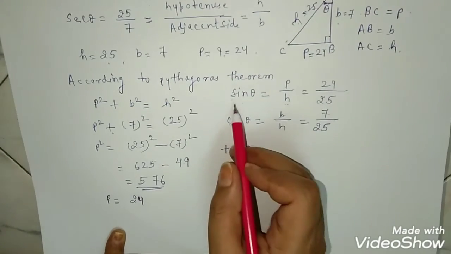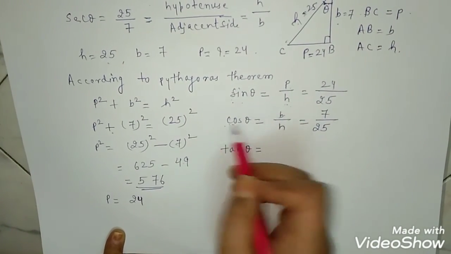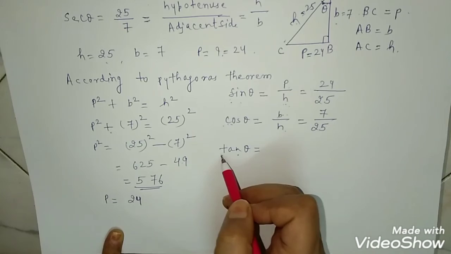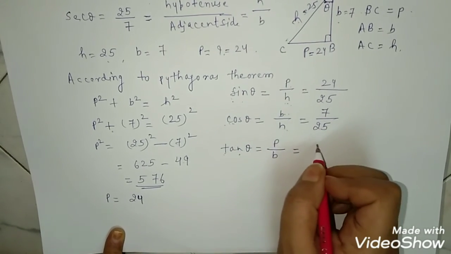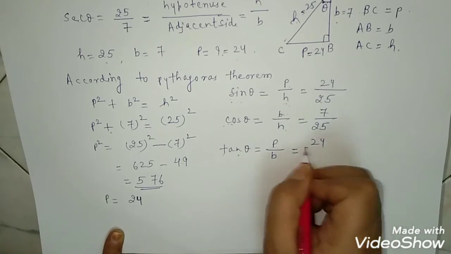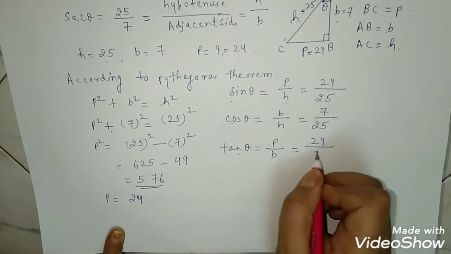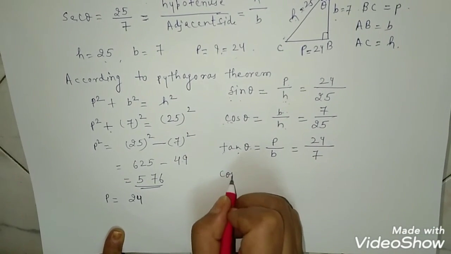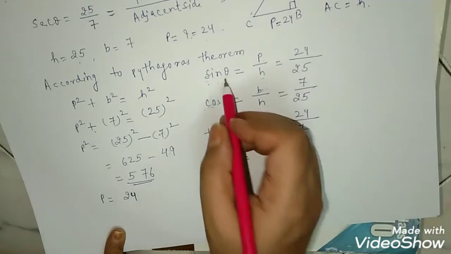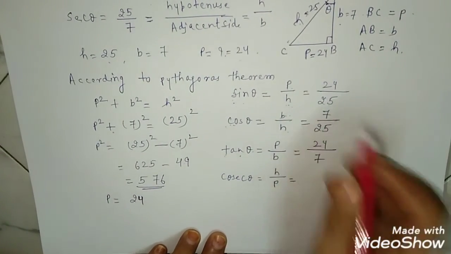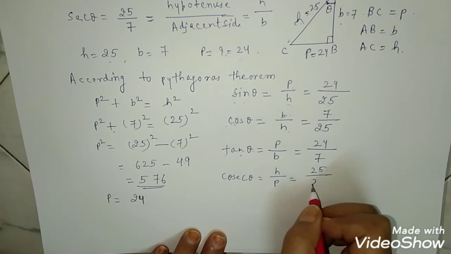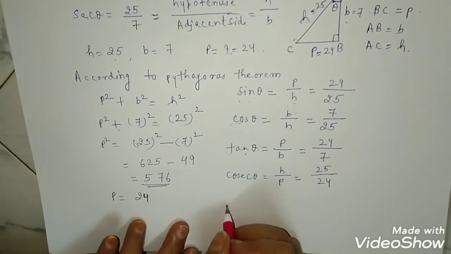Tan theta is equal to P by B, tightly pulled back. P is 24, B is 7. Now the others we can easily find. Cosec theta is the reciprocal of sin theta, H by P. H is 25 and P is 24.